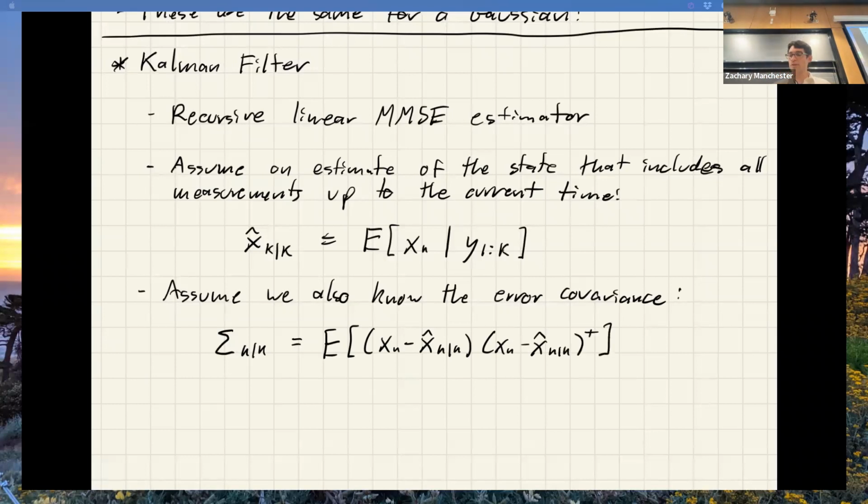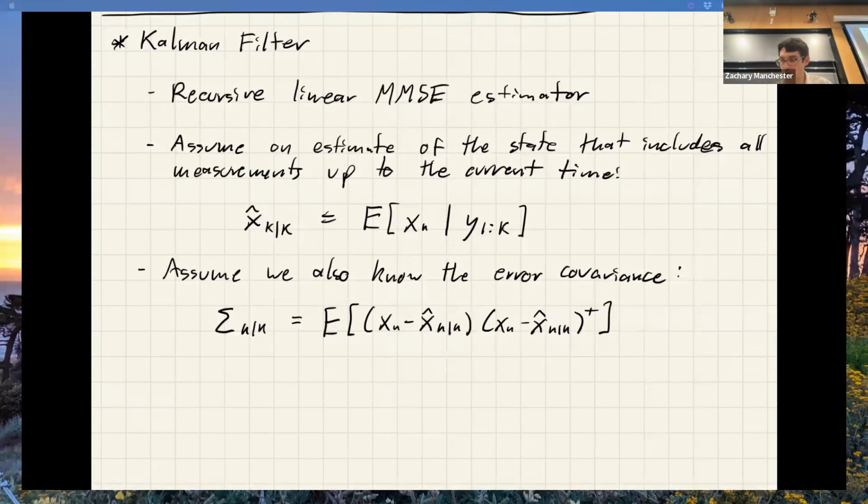Okay, cool. And so the idea here, this is the recursive part. We assume we are given those things, and what we want to do is come up with an update on both of these guys if we get a new measurement, y at time k plus 1. So the recursive thing is, I want to be able to update these guys with one new measurement at one new time without having to resolve the entire back history, right?